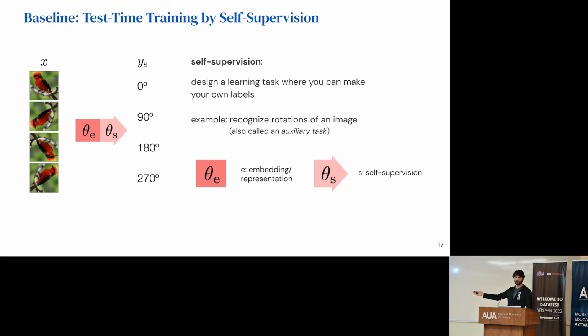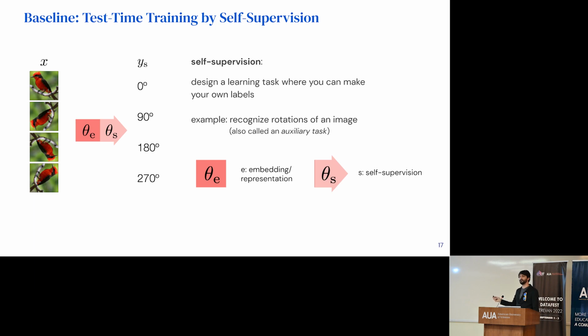We have an image of a bird, and we could, for instance, rotate it. We could look at these 4 different rotations at 0 degrees, 90 degrees, etc. And we know what angle we rotated the image to. That's a task where we know the answer. We can make our own answer. So we could try to optimize for this, where we have some parameters, theta e, for our embedding, what is our feature, and some parameters for our self-supervised prediction, which is the rotation.